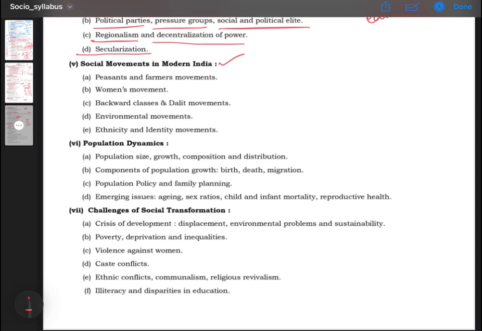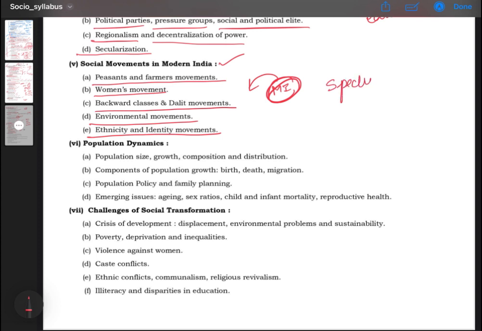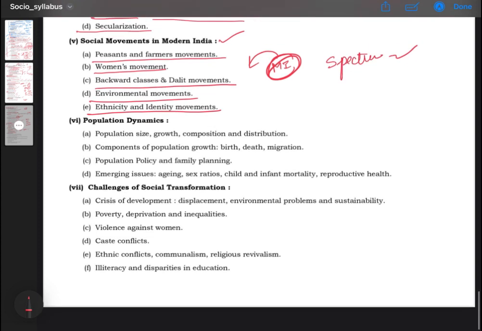Next is social movements in modern India: peasants and farmer movements, women movements, backward class and Dalit movements, environmental movements, ethnicity and identity movements. It is a topic derived totally from modern India. We can also cover it from Spectrum. We will see it later on.